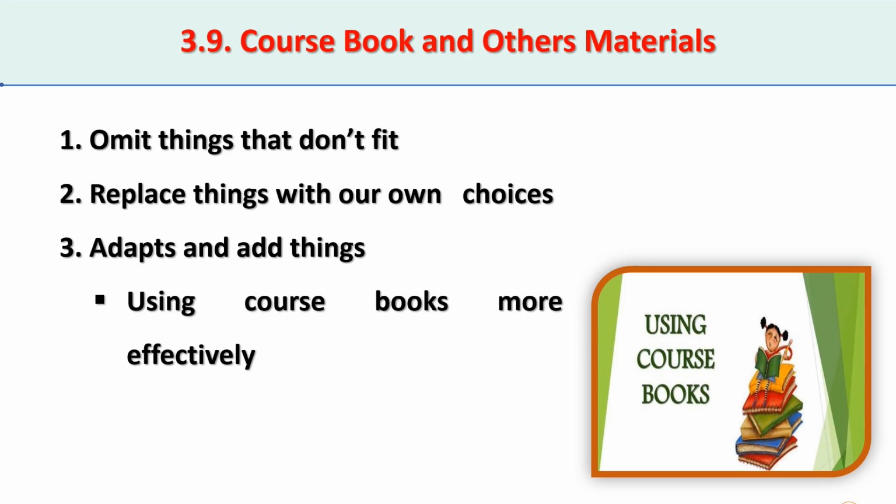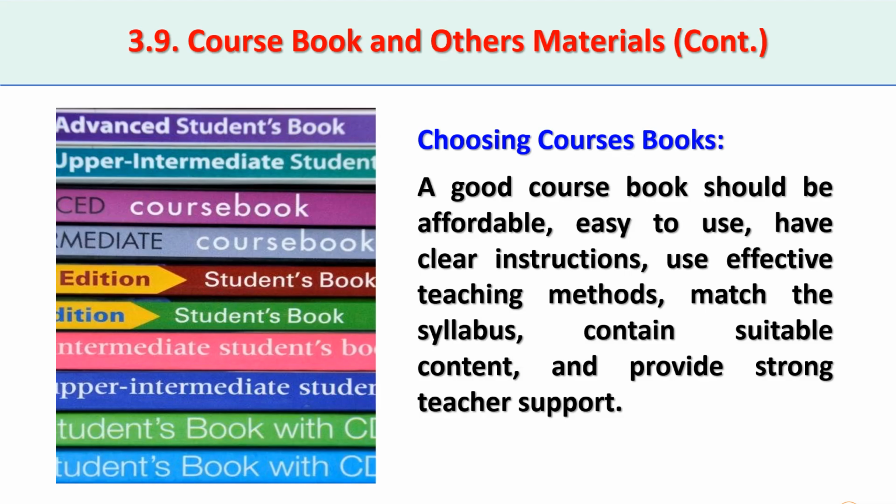One point about using a course book in this slide is omitting what doesn't fit, meaning that we just focus on the main point or a specific point in the course book to apply in the classroom. The second is replacing with our own choice. And the third is adapting and adding, to use the course book more effectively. It will be clarified in the next slide, lecturer. Let's move to the next slide.